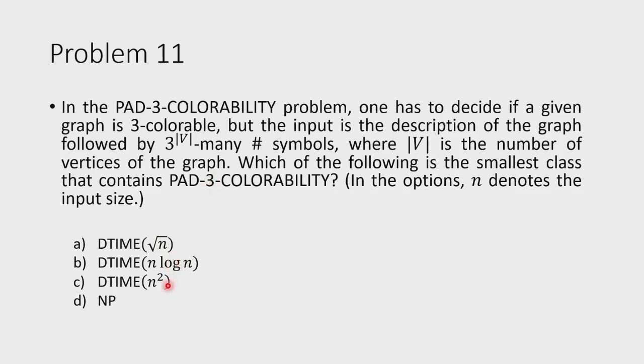Okay, so n is the size of the entire input, right? Yes, sir. So why do you think that extracting would require n square time? Okay, so here's a hint. Try to use the algorithm that we saw in the previous problem.